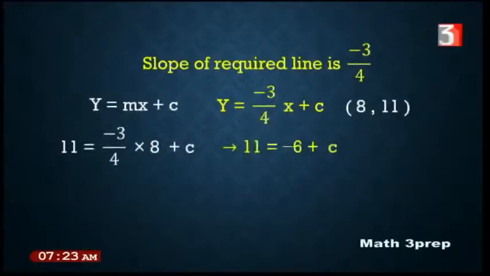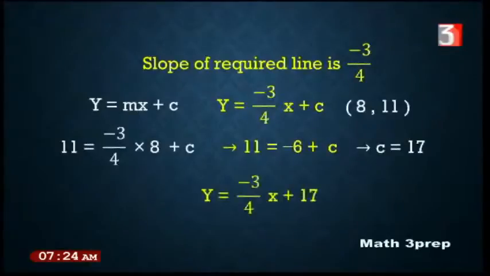Then 11 equals -6 plus c, and we are going to find the value of c as 11 plus 6, which gives 17. So the equation of the straight line will be y equals -3/4 x plus 17. Let us have another example.